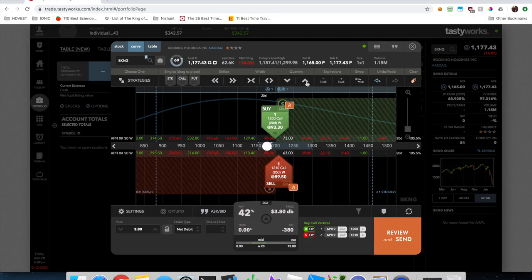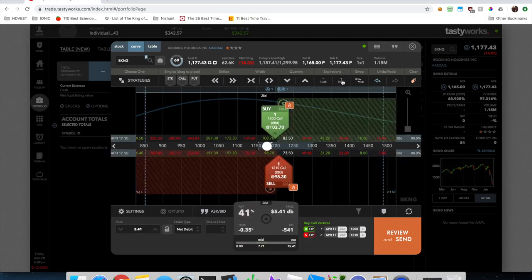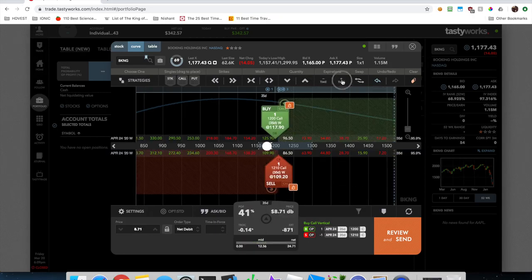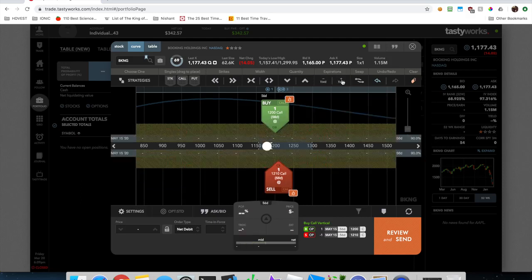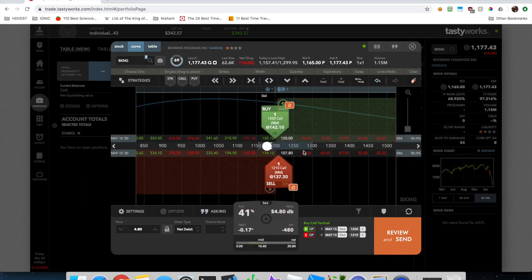So let's go 28 days, 35 days, 42 days, 56 days. So now it matches up. We are buying the 1200 call, selling the 1210 call, 56 days to expiration, and then it shows you the debit price here, 480 debit.